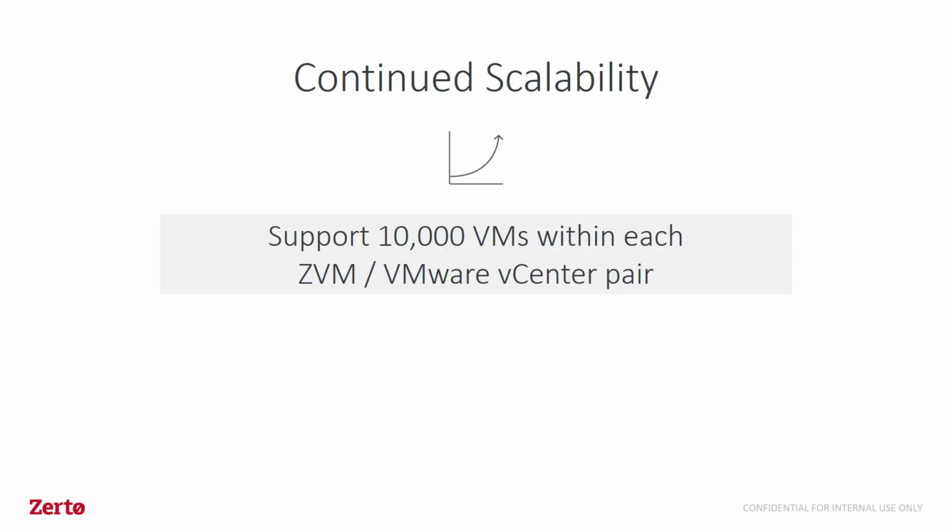This is very important for our customers. It helps with the ultimate scalability of the product, and it also means that you could have up to 10,000 virtual protection groups or groupings of VMs inside each pair as well. Very important for our larger customers as well as our service providers so that they can get higher return on investment on their VMware infrastructure.